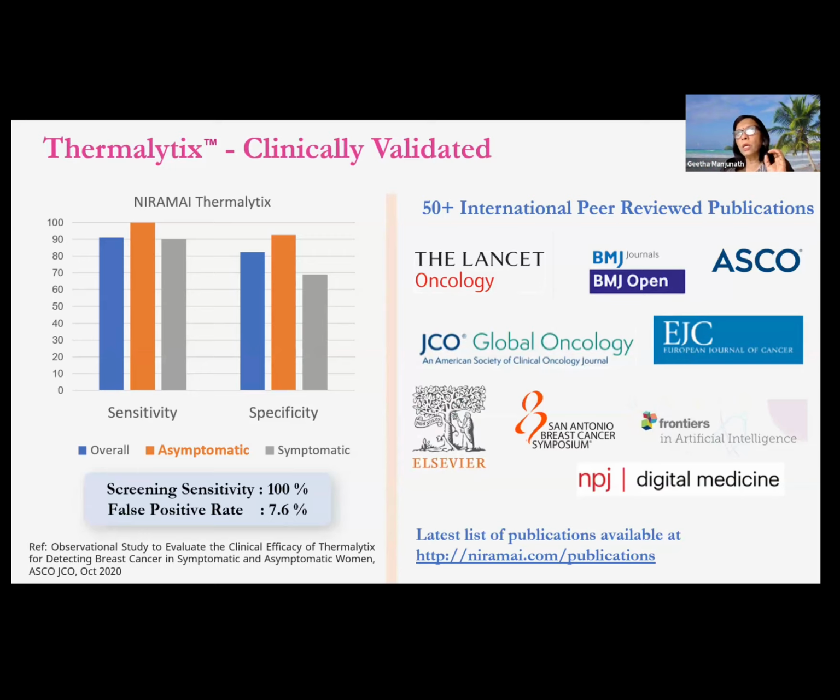So we compared Thermalytix with mammo plus ultrasound, and if mammo or ultrasound was positive, she went for a biopsy. Like that, we had excellent sensitivity and specificity. We've done several studies, 56 plus publications listed. You can please go through it, but I'll just talk about one or two of these and go to the next, and leave you to read the rest of it.